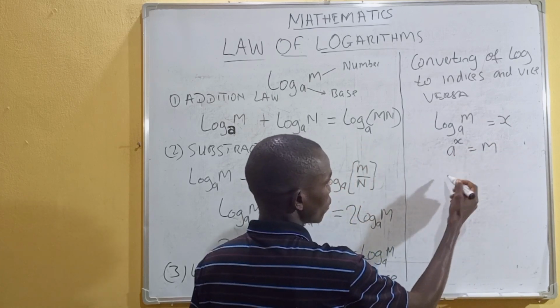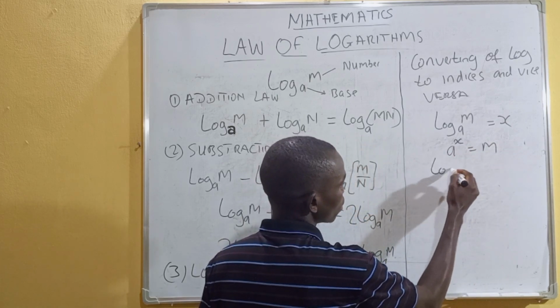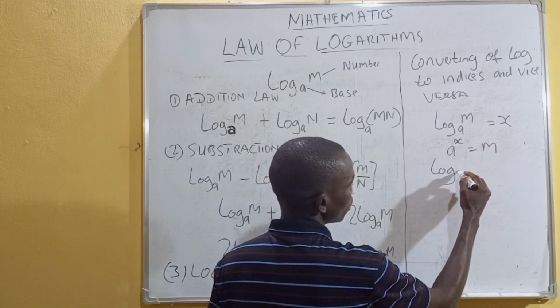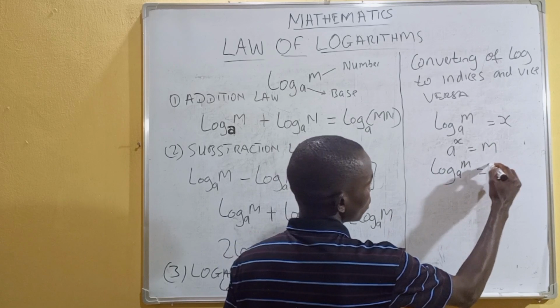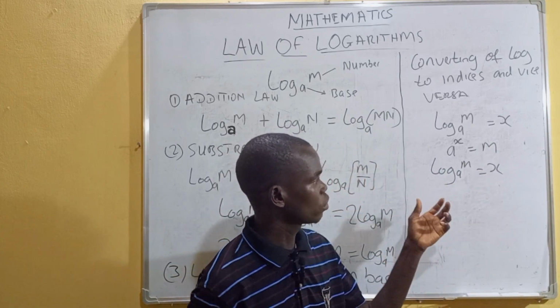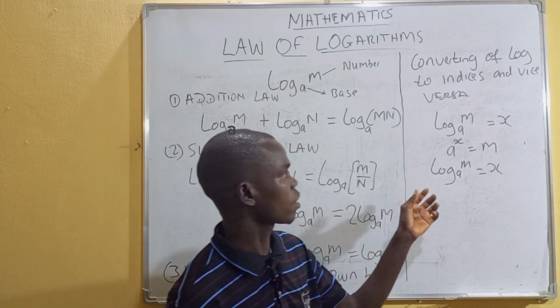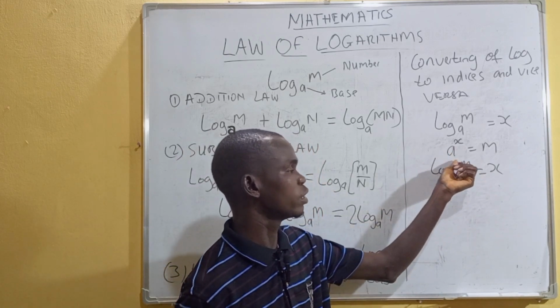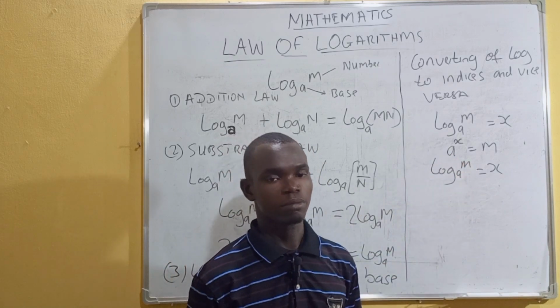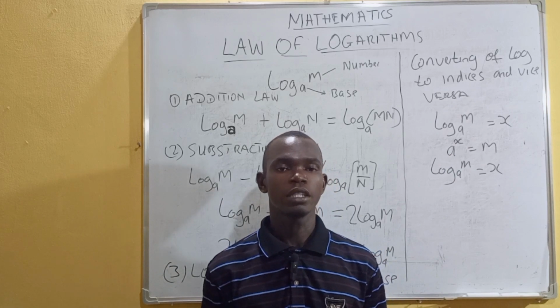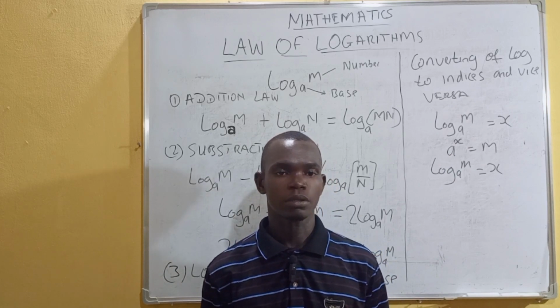To go back and add the log, it will now be log. Transfer this to raise n, so e to the power n is equal to s. But one thing you should observe is that when transferring to indices or vice versa, the base remains the same. So these are the ways of eliminating log in a logarithmic expression.